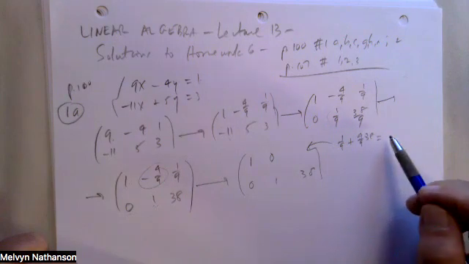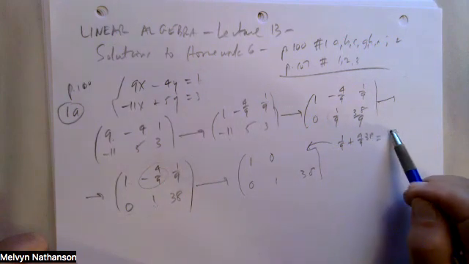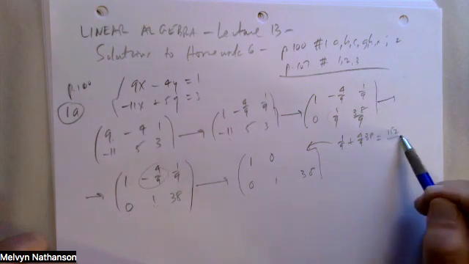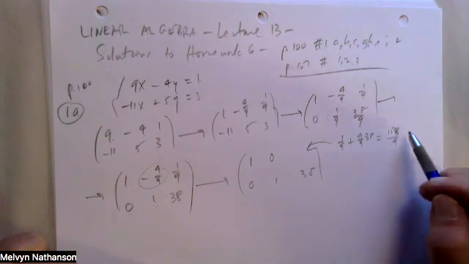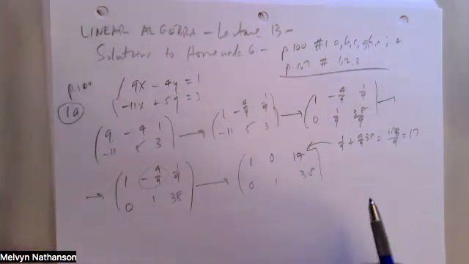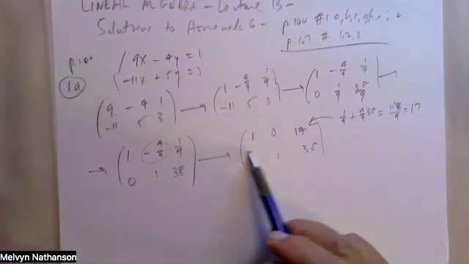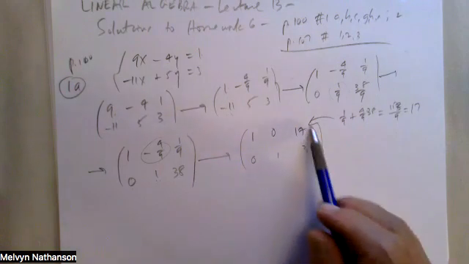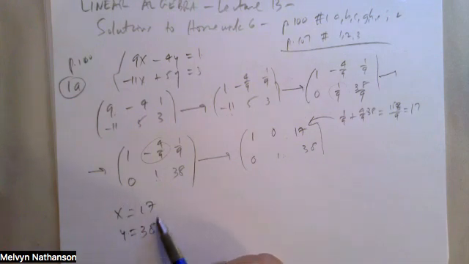What is that? 4 8s are 32, 4 3s are 12, so 152 over 9, plus 1 ninth, 153 over 9. 153 over 9 is actually an integer; it goes in 17 times. I get 17 there. So this matrix is in reduced row echelon form, and this corresponds to the equations x equals 17, y equals 38.